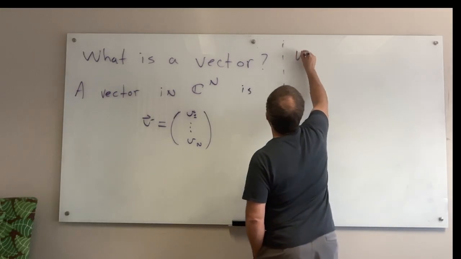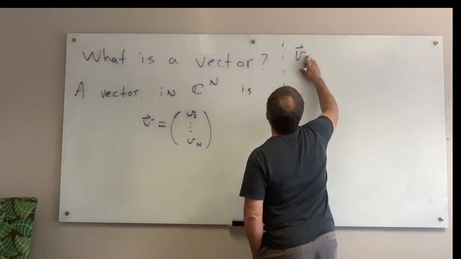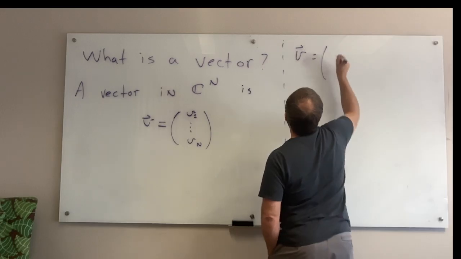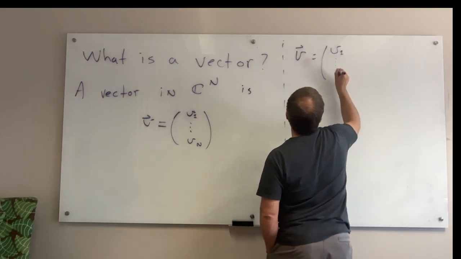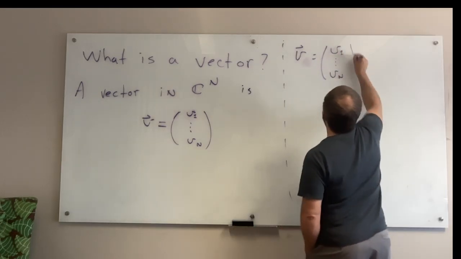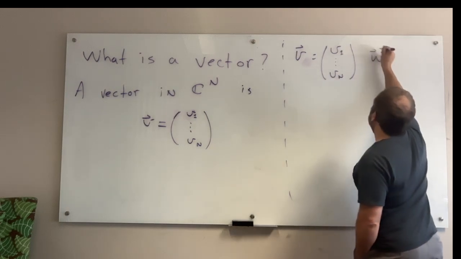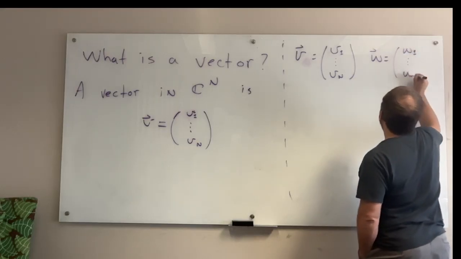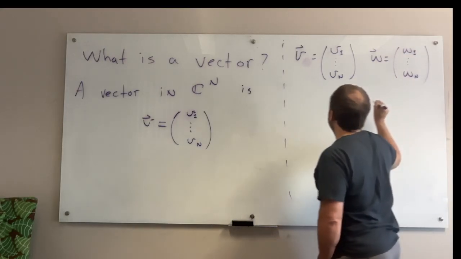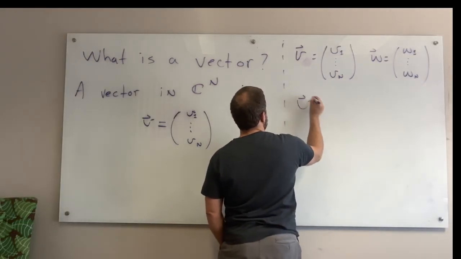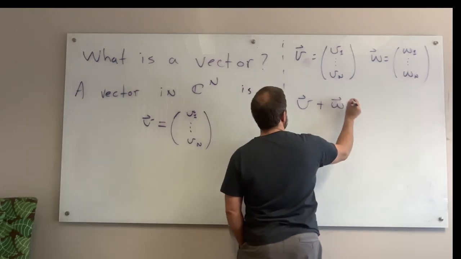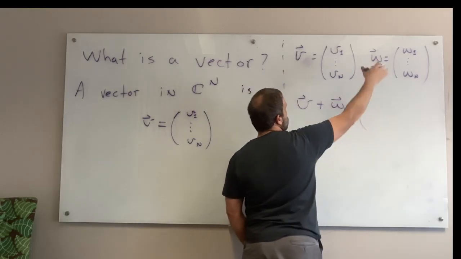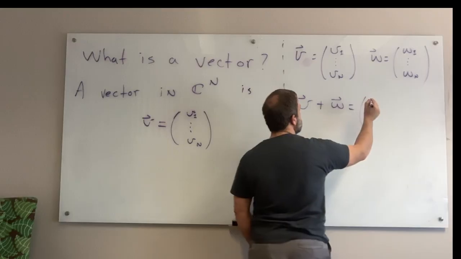For example, if I have a vector, let's say V, and its components are V1 through Vn, and I have a vector W, and its components are W1 through Wn, then their sum, V plus W, is just defined by doing the component-wise addition.